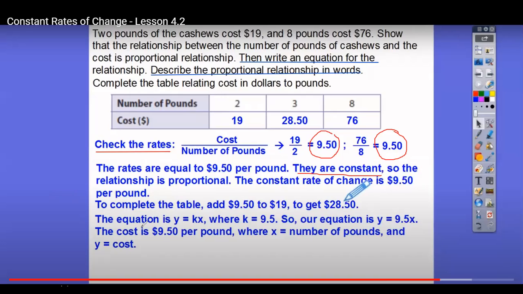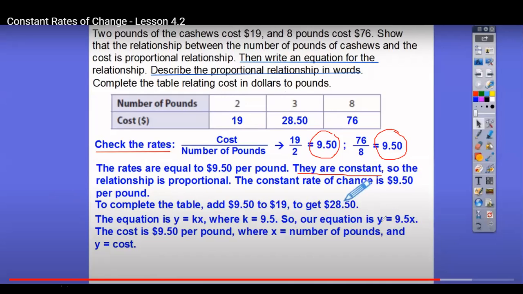Then we are looking to complete the table for 3. So we said 2 cost 19, which means 1 costs 9.5. So if you want to find 3, it will be 3 times 9.5. So the equation will be y equals 9.5x, where y represents the total cost and x represents the number of pounds.